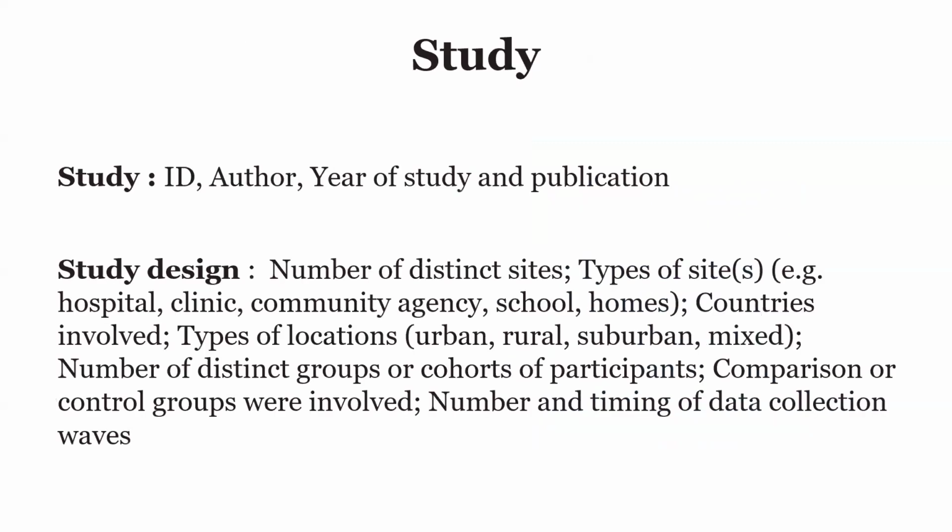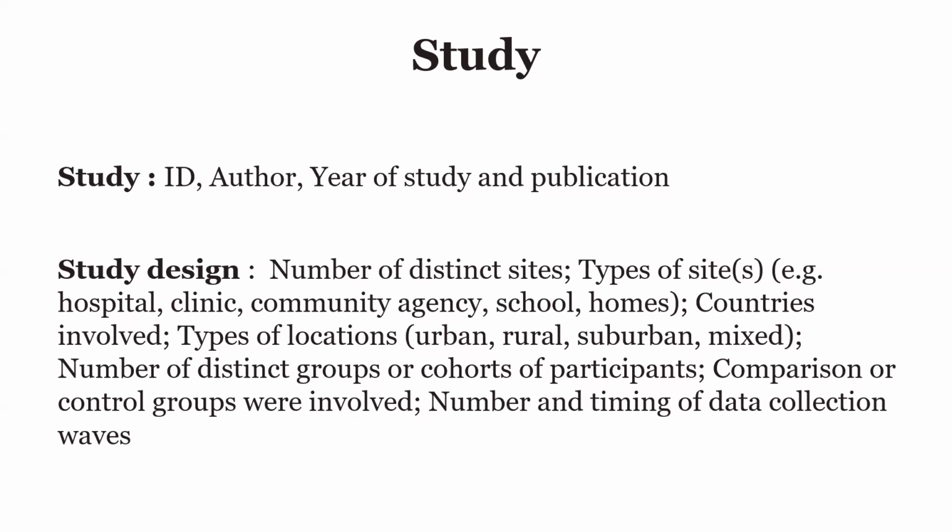When you want to do the data extraction, the first point of interest or the domain of interest is the study per se, in which you jot down the study ID, the author, the year of study and the year of publication, and then some details about the study design.